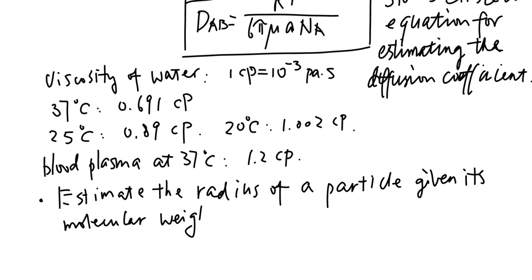So molecular weight is usually written as MW. The unit by convention is gram per mole.